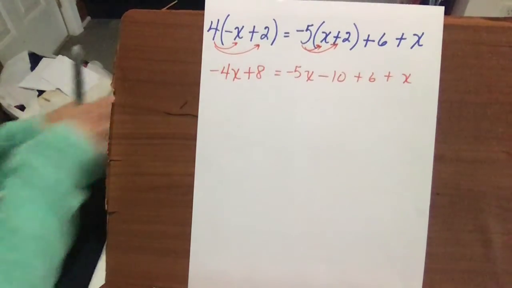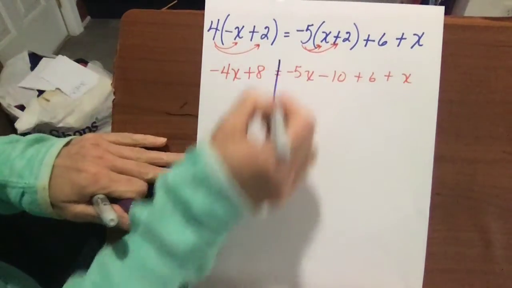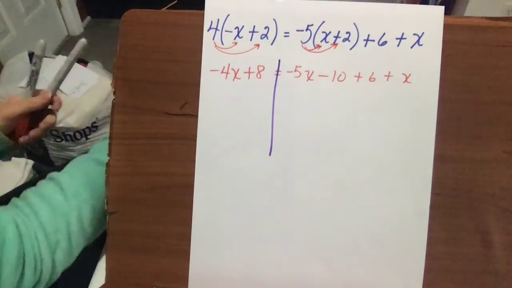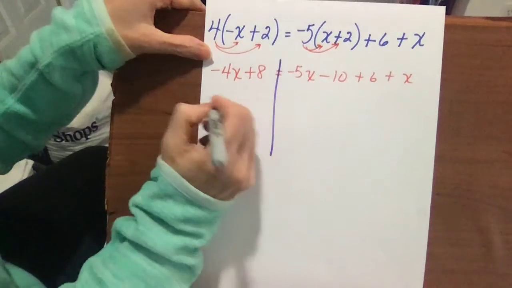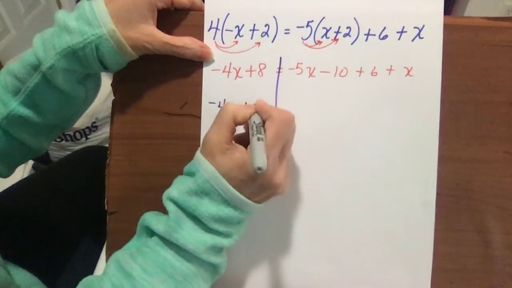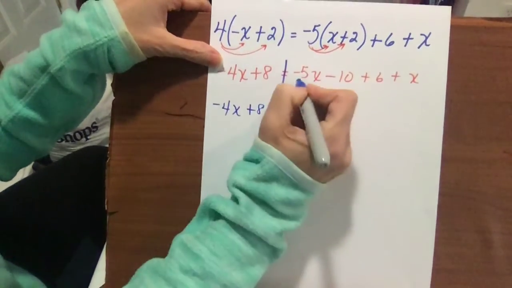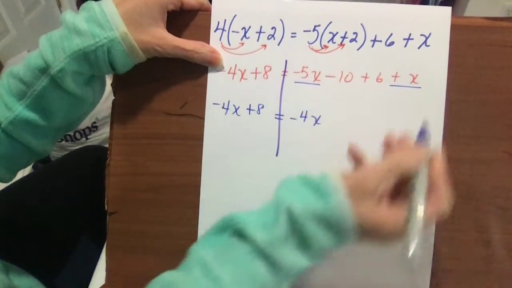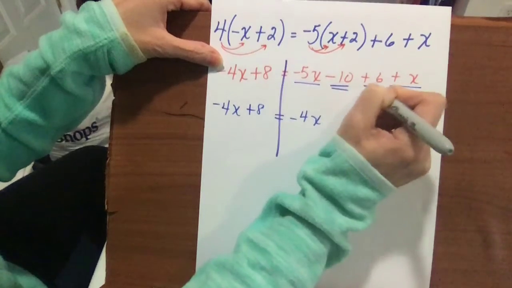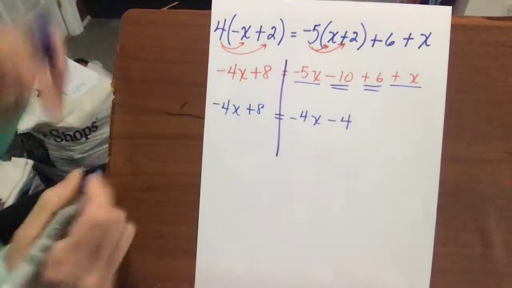So before we do anything, we have to gather up like terms. Let's put that down on our side to split our equation in 2 parts. Negative 4x plus 8 we can't do anything with on this side, so we will keep it. Equals negative 5x plus x is negative 4x. Negative 10 plus 6 is negative 4.